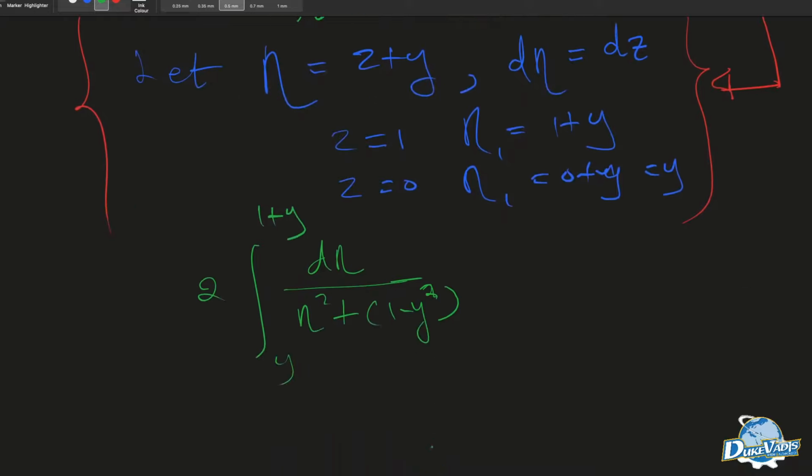Okay, so this, we can do something about it. If you look at it very carefully, since we have the squared here, if we compare this to the tan inverse integral, that says that if you have the integral of 1 over x squared plus a squared, it is normally given as 1 over root a tan inverse of x over root a.